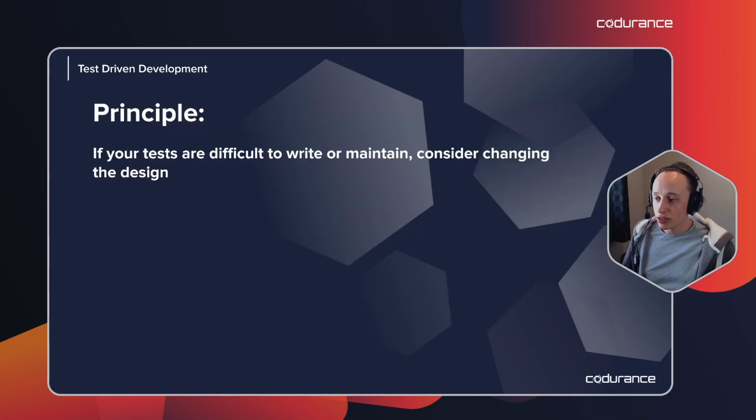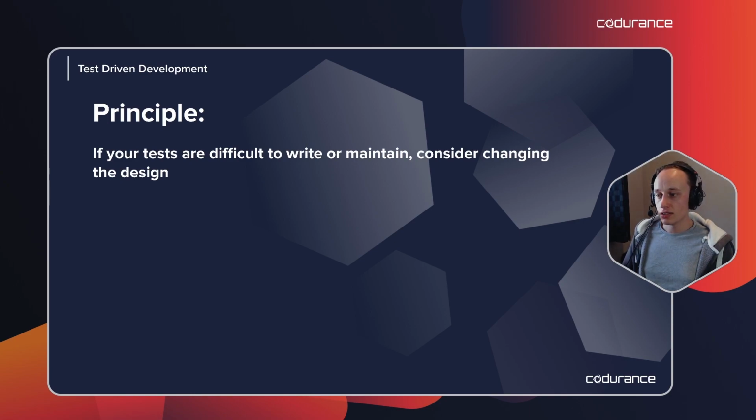And if your tests are difficult to write or maintain, consider changing the design. This applies both to the design of your test suite itself. You can absolutely refactor your tests. There's no reason that your tests shouldn't also be maintained and refactored regularly. And it can apply to the production code itself, right?